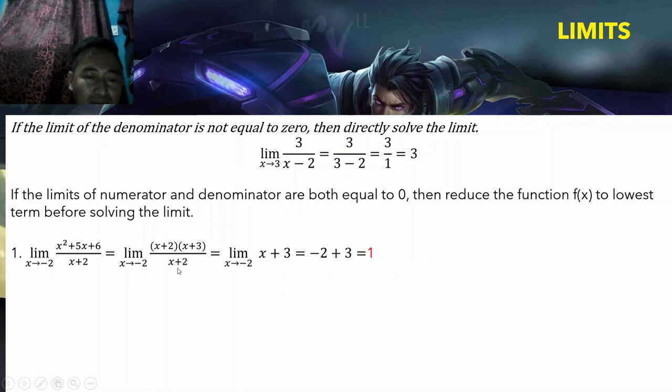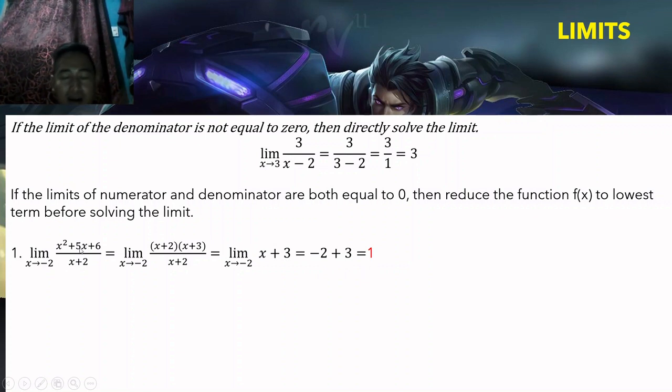The common x plus 2 cancels out, leaving x plus 3. Once the x plus 2 is cancelled, the limit does not disappear, so we keep the limit. So the limit of x plus 3 as x approaches negative 2. Now the denominator is no longer 0, there is no denominator. So we directly substitute negative 2: negative 2 plus 3 is equal to 1. So the answer here is 1.